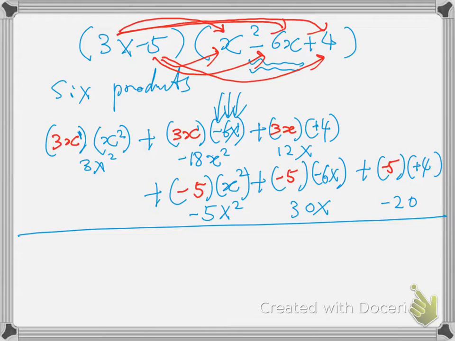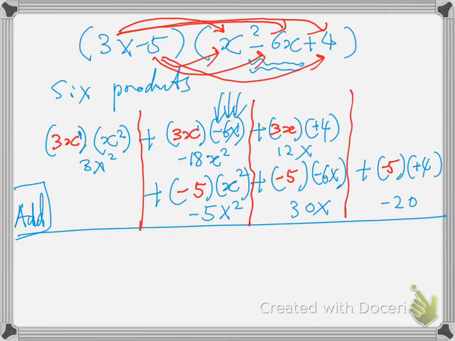So now I'm going to add vertically. If you look at the two terms, negative 18x squared and negative 5x squared, they are like terms. They have the same letter part, x squared. So when you add, you can combine like terms to get a single x squared term, negative 23.